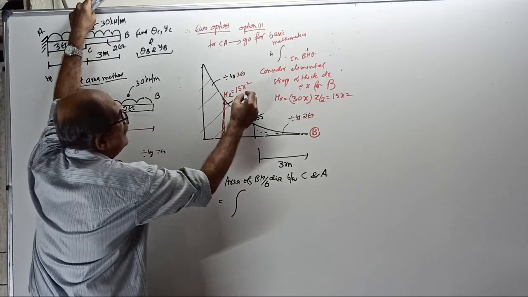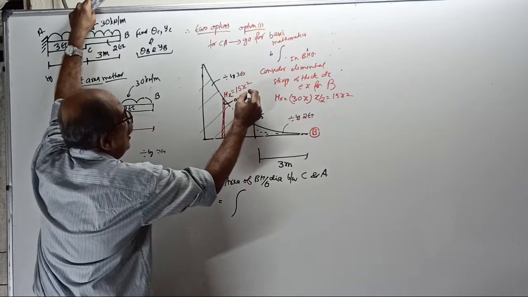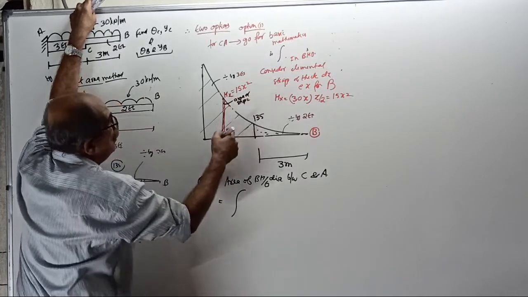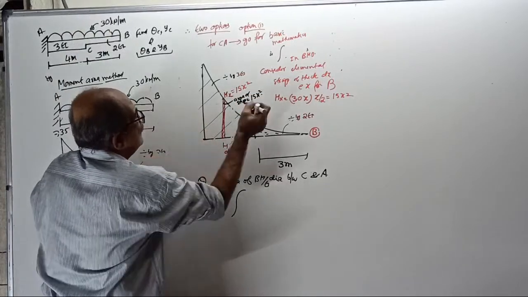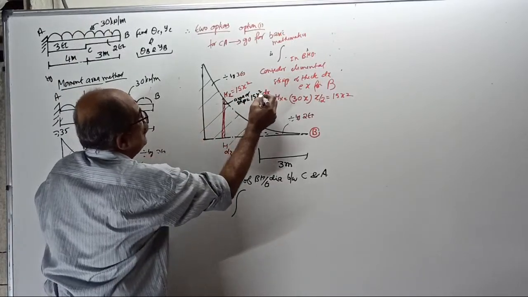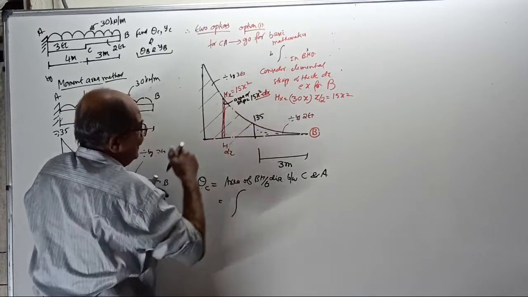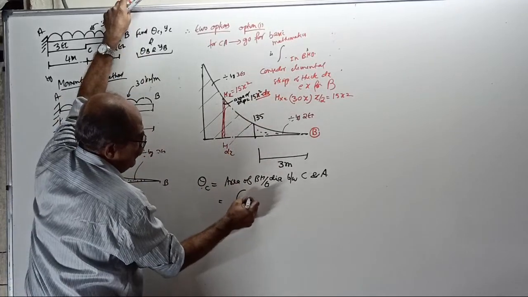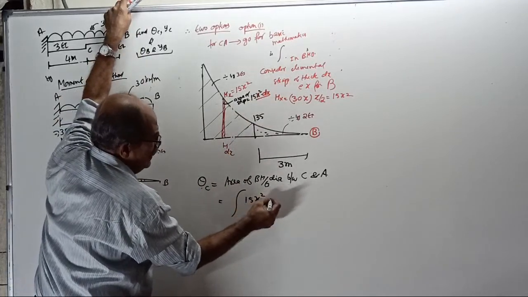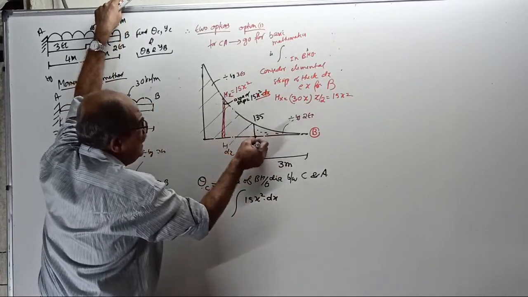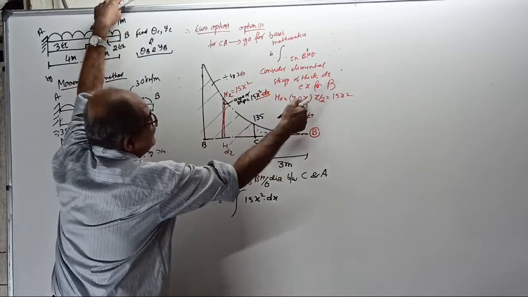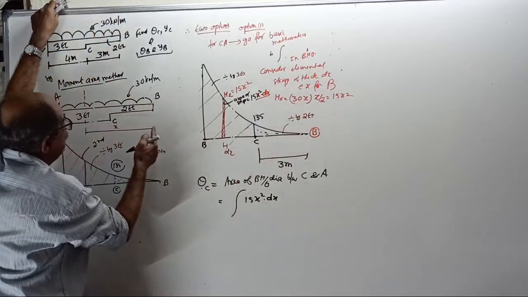The area of the strip is 15x square into dx. So, integration of 15x square into dx. I want the area from C to B. X is taken from C. X is from B.